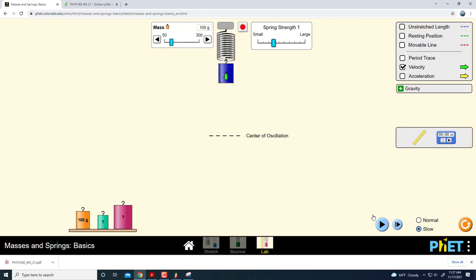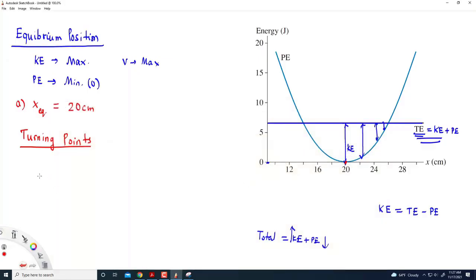About 0 kinetic energy at that point and maximum potential energy. Why maximum potential energy? Because there is maximum stretch. Maximum stretch means maximum potential energy. So that's the property of turning points: kinetic energy is 0 or minimum, and potential energy is maximum.